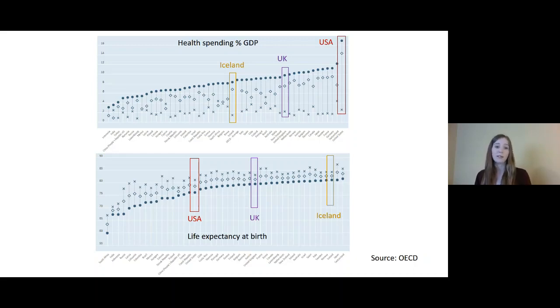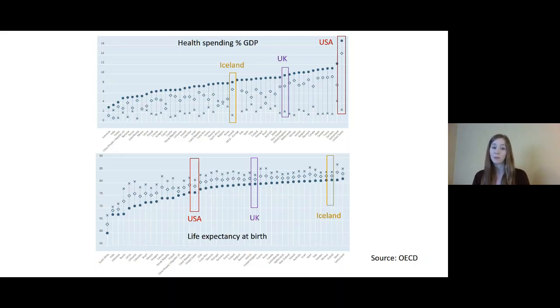And what we see in the US is that doctors are paid more than they are in other countries. At the same time, there's also a much more complex system because they have a system of private insurance, unlike in the UK with our National Health Service. So what that means is that there's lots of extra staff doing things like processing insurance claims. And that all adds up to increase those costs.